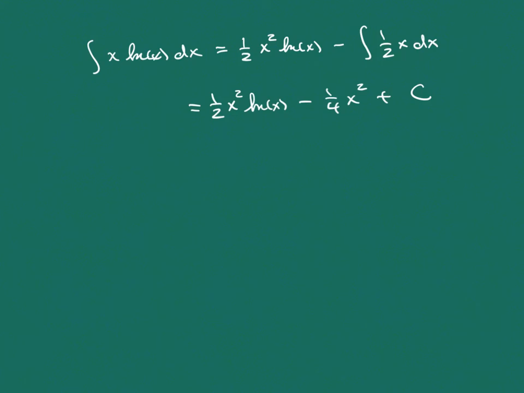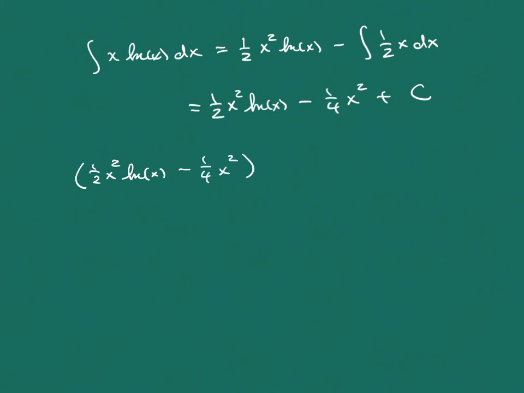And so here's what I think is actually going to be my answer to my integral of x times the natural log of x. And again, we can go back and check that if we want to by saying, all right, let's take the derivative of what we think the answer is.